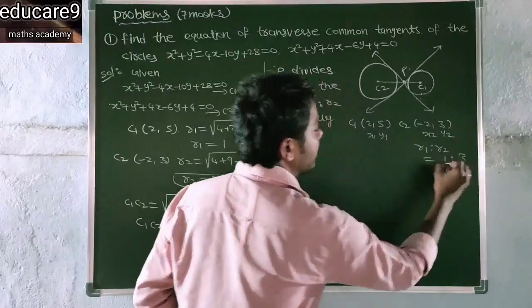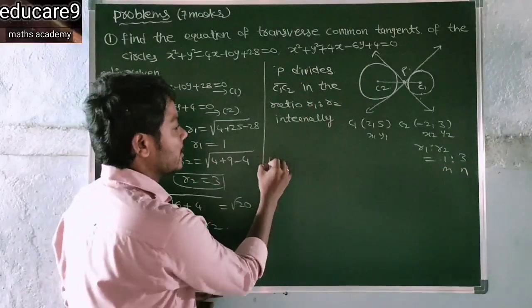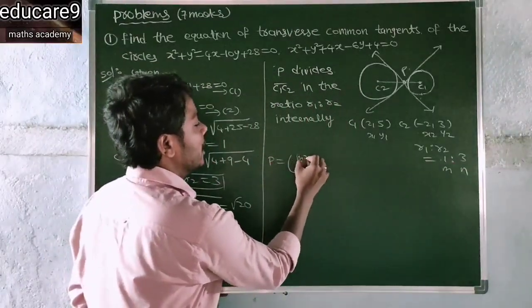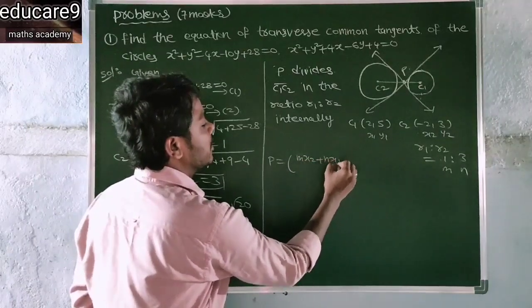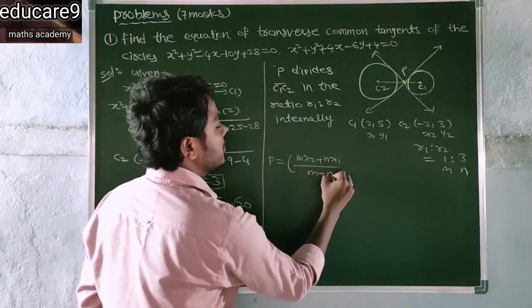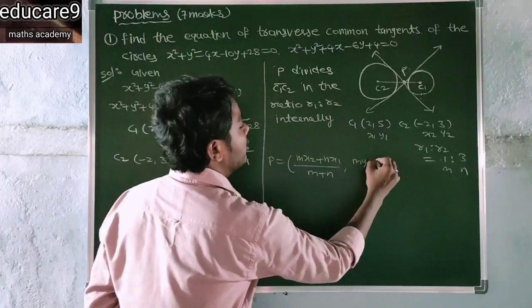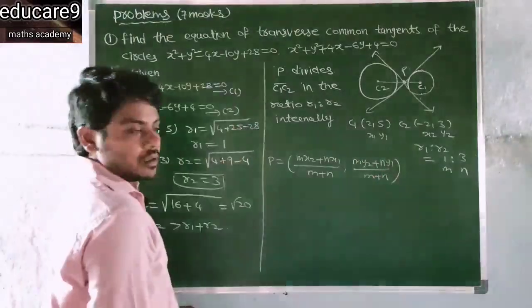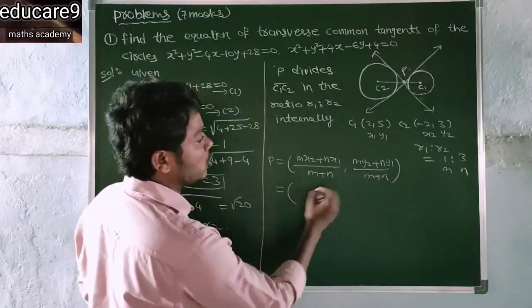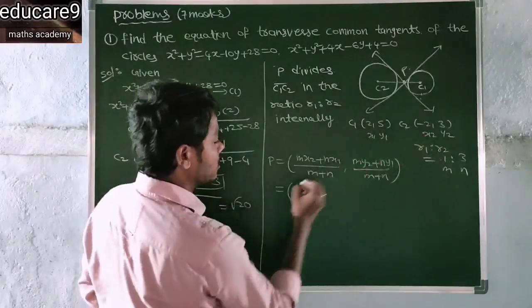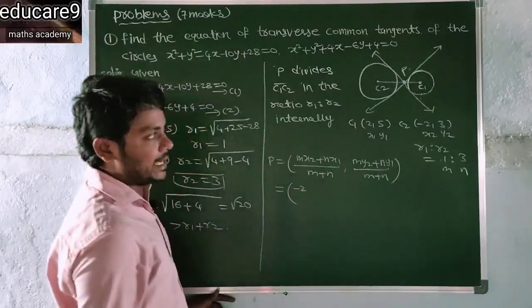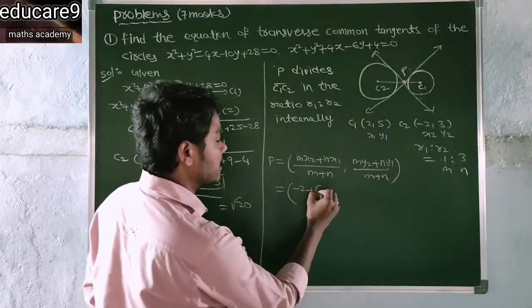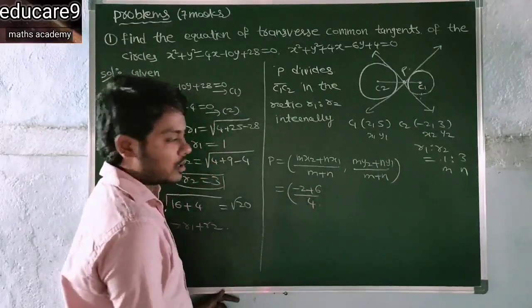This is mn. So therefore P is equal to (mx2 plus nx1)/(m plus n), comma (my2 plus ny1)/(m plus n). Now see here, mx2, that is 1 into minus 2, plus nx1, 3 into 2 is 6, by m plus n, that is 4.